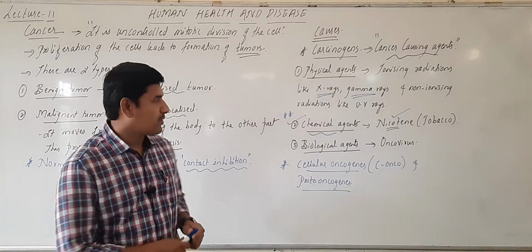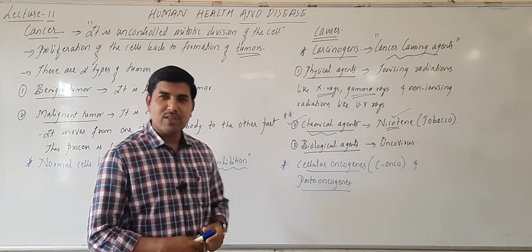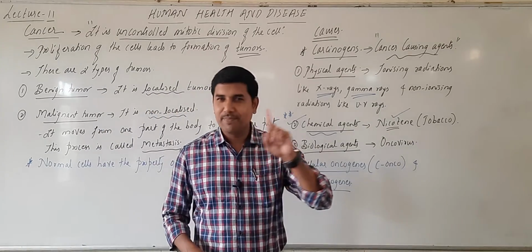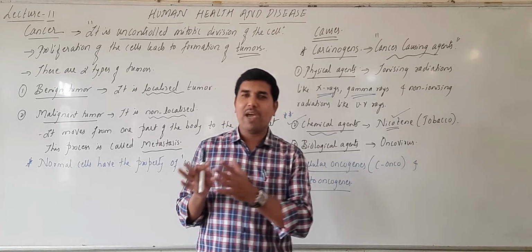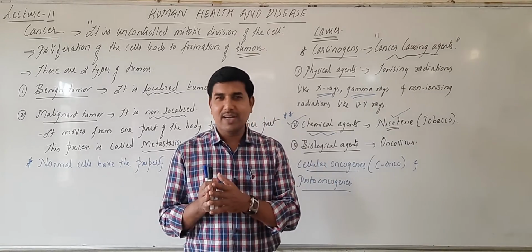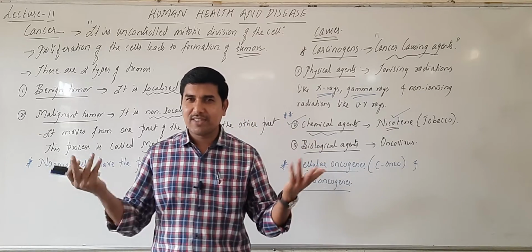Okay, so that's why everything depends on, as I told you, health aspects. That means our lifestyle and food habits will also decide what type of disease we are going to get.